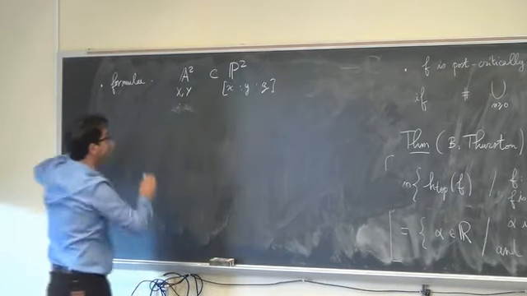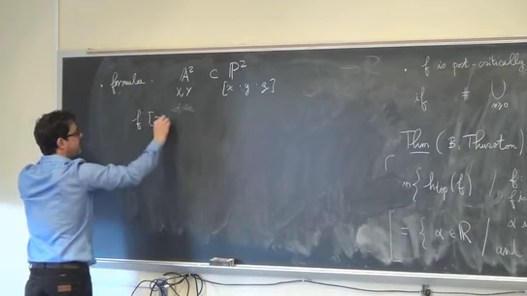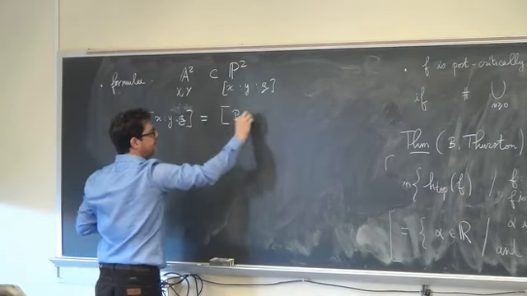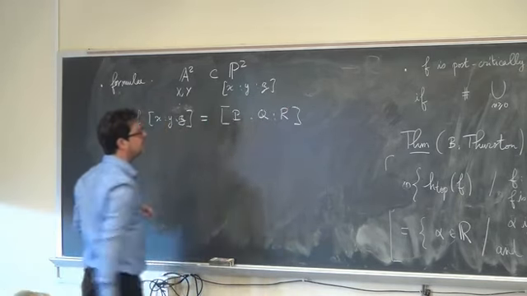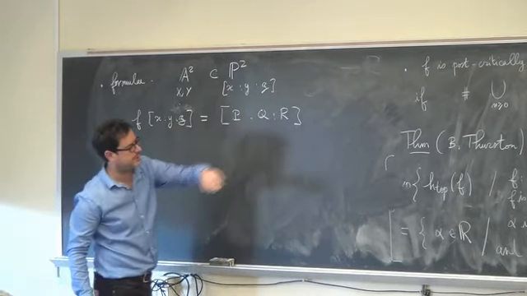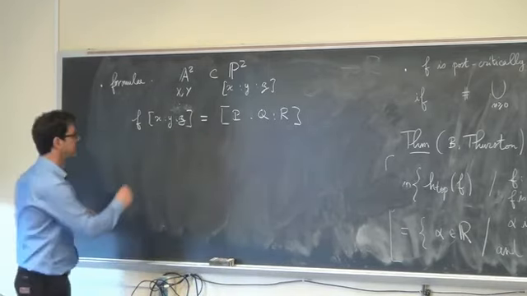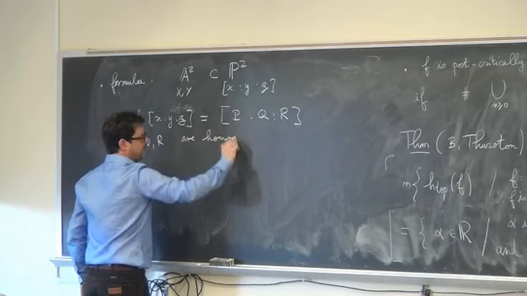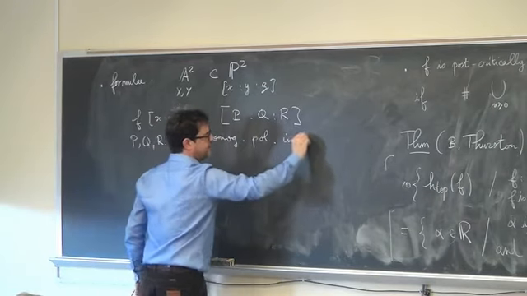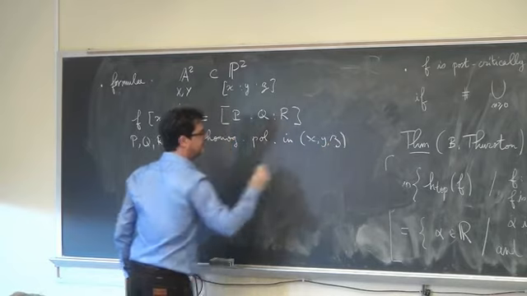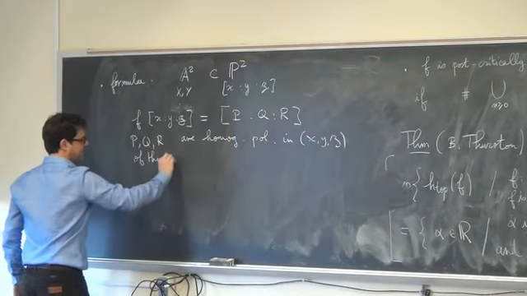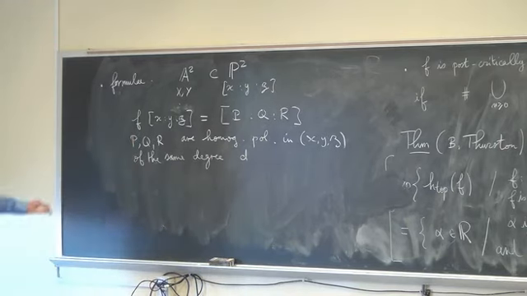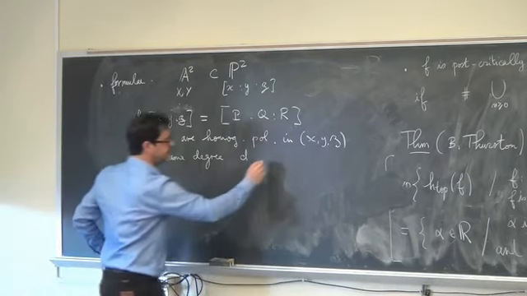A birational map of P2 can be written in homogeneous coordinates: you can always write f of x, y, z as (P, Q, R). These are not the same P and R as in the previous notation. Now P, Q and R are homogeneous polynomials in x, y, z of the same degree, which I denote by d, without common factor.